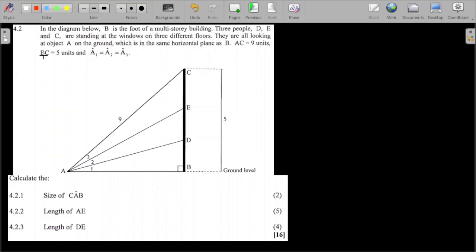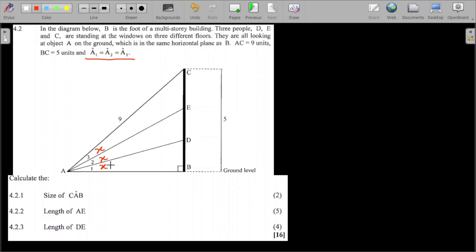They are looking at an object A on the ground, which is in the same horizontal plane as B. AC is 9 units, and BC is 5 units. Very importantly, they're telling us that angles A1, A2, and A3 are equal. So if I call each of them x, they are all equal.